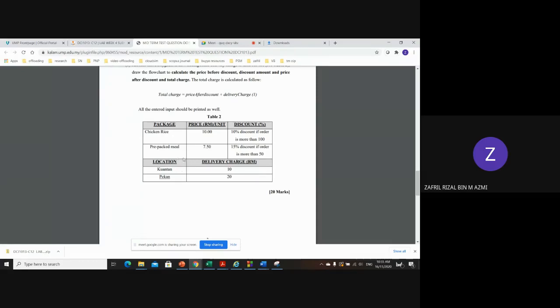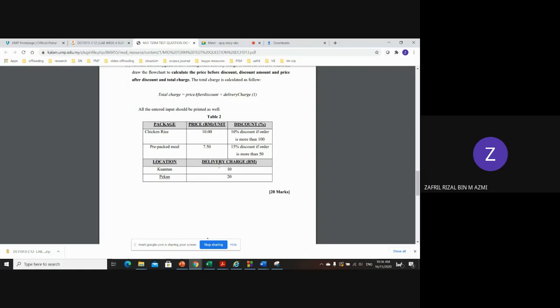So now the user needs to pay extra if they want their meal to be delivered. Kuantan RM10. If location equal to Kuantan, delivery charge equal to RM10, else delivery charge equal to RM20. So from here you can build up your decision.